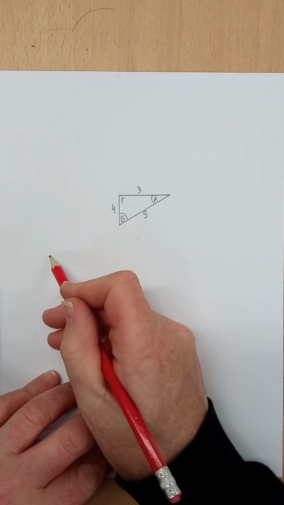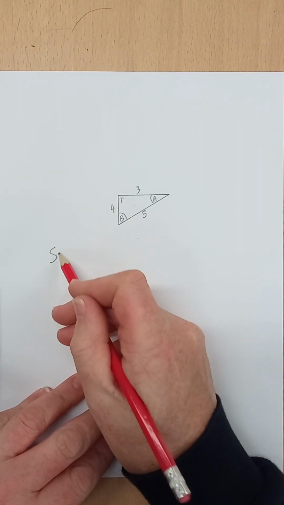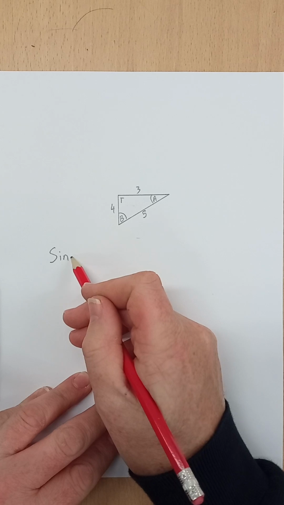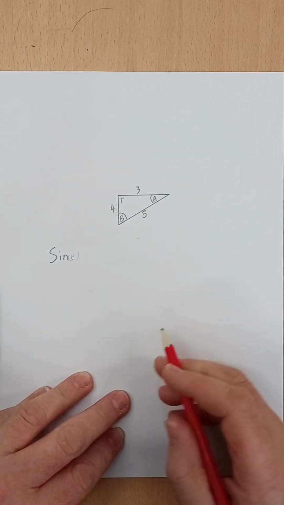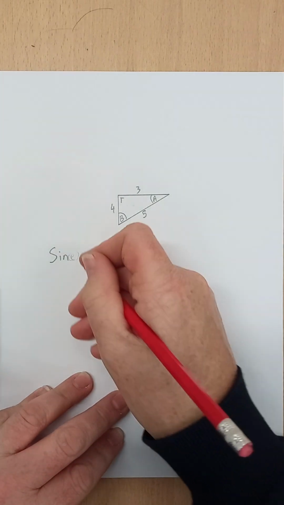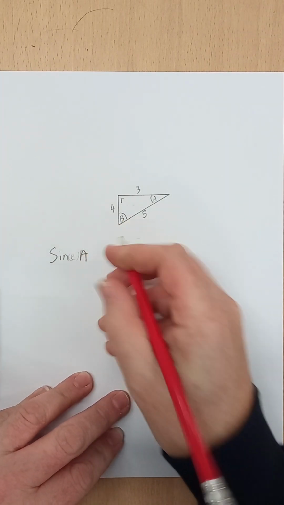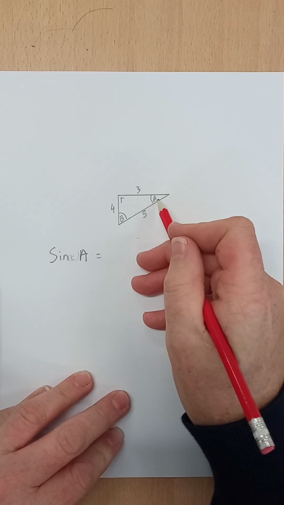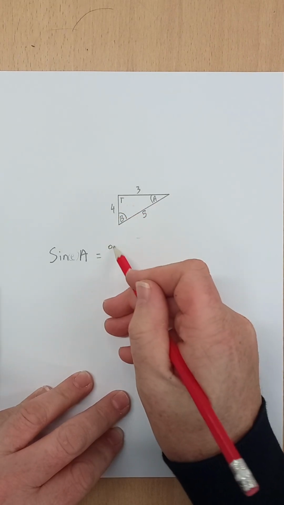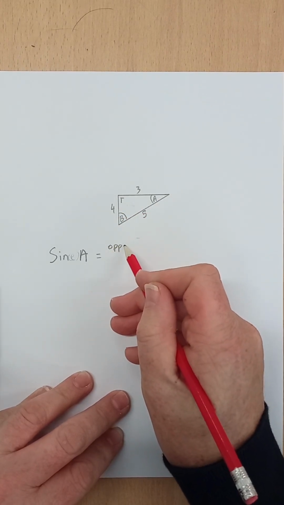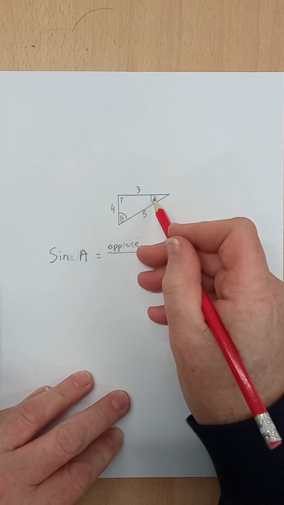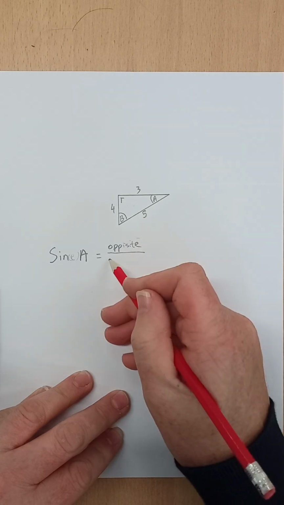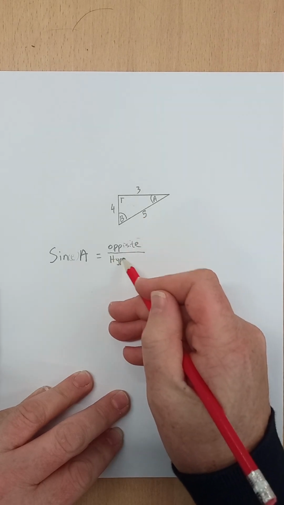So the sine, which is written as sin but pronounced with a silent E at the end, sine, okay? The sine of the angle at A will always be equal to the side opposite over the longest side, which they call the hypotenuse.